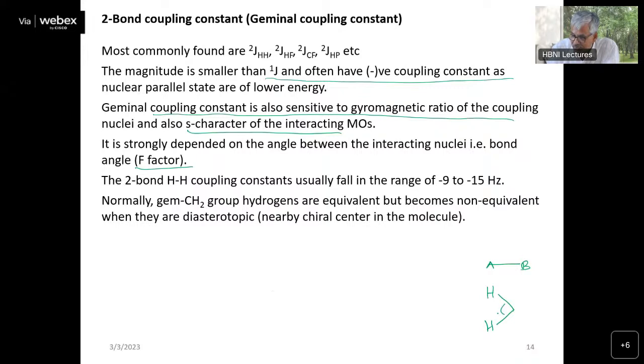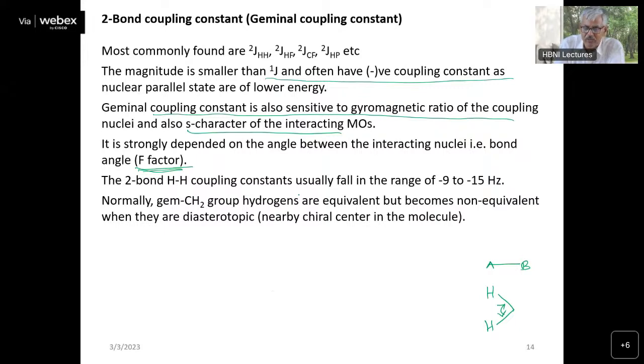So this angle can be different depending on the molecule. The hybridization of the carbon is also important. If it is sp2, the bond angle will be different. If it is sp3, it will be different. If it is a cyclic system, it will be different. If it is cyclopropane, it will be different. We'll see all those things. So it depends on that. That is, this angle factor will now be playing in case of two bond and beyond.